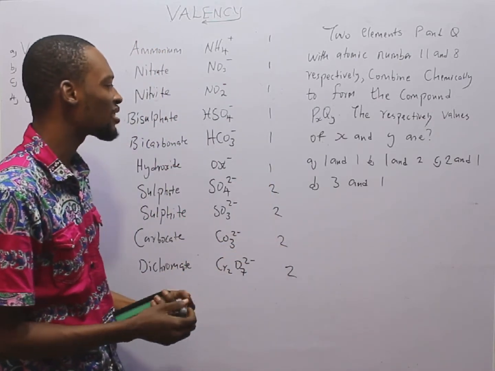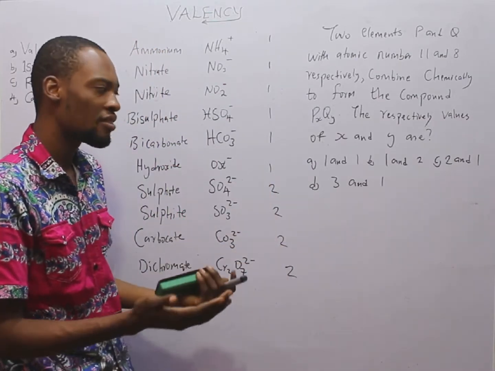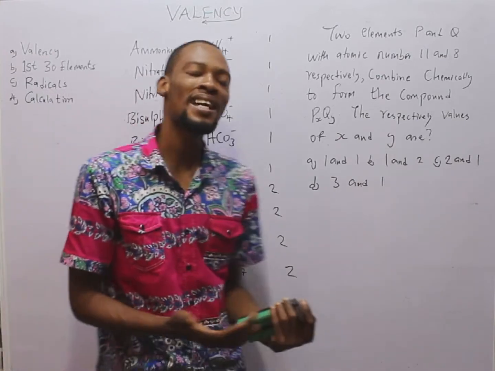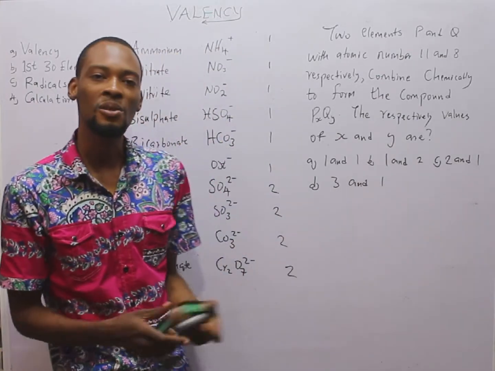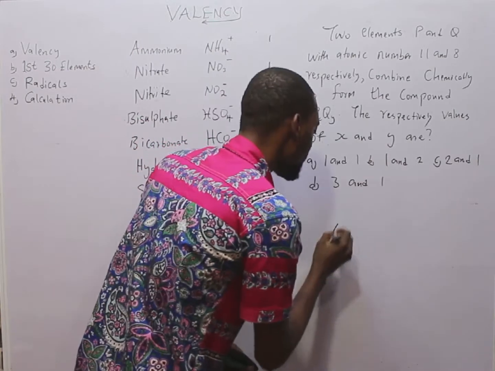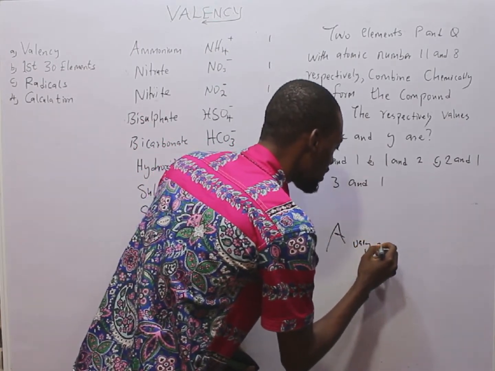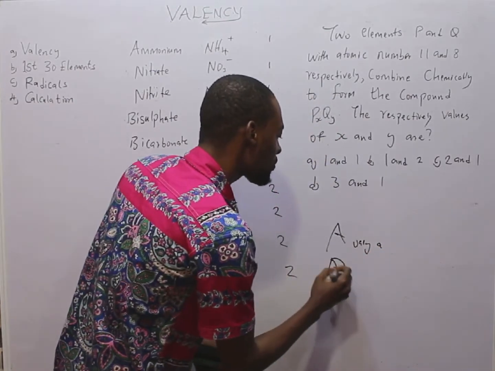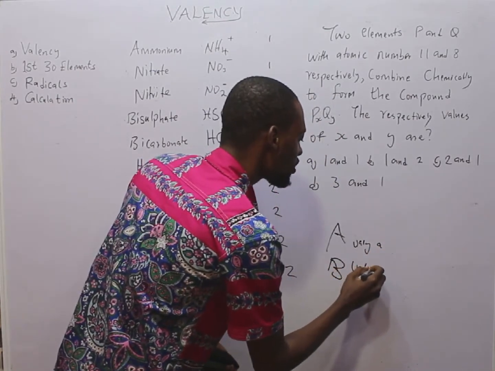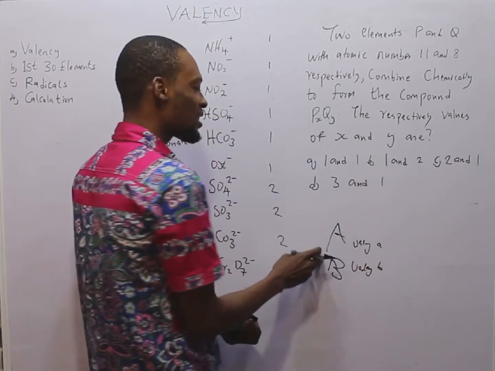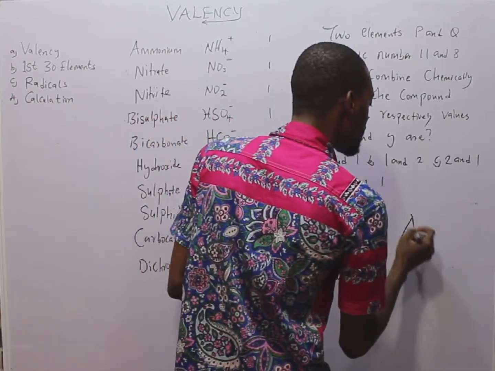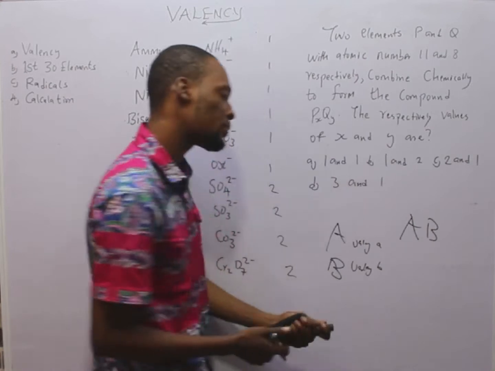How about you are asked to solve problems under valencies? They are the simplest problems you can come across. For example, if I give you element A with valency a and another element B with valency b, if these elements combine to form a compound AB, this is what will happen.